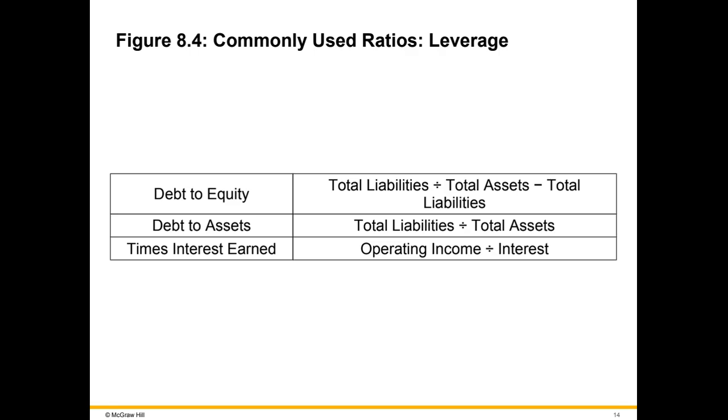What is debt to equity? It's basically debt, meaning the total liability that the business has to pay, divided by total assets minus total liabilities. So that will tell us the debt to equity ratio.